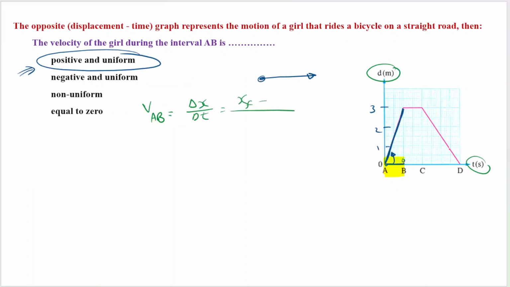So it's equal to final position minus initial position over t2 minus t1. The final position is 3, the initial position is 0, the final time is 1, the initial time is 0, so the velocity of this girl is 3 meters per second. Can you see? It is a constant number and it is a positive number.